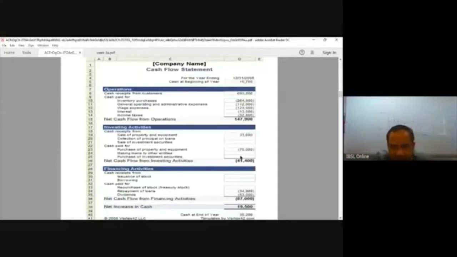Then you look at the investment activities. How much cash was received from selling assets, property, equipment. You will sell an old asset, buy a new one, buy a new car. So sale of property or equipment is an inflow.